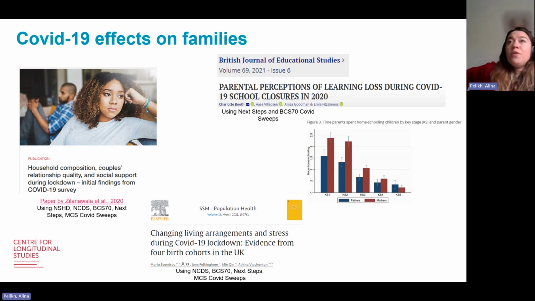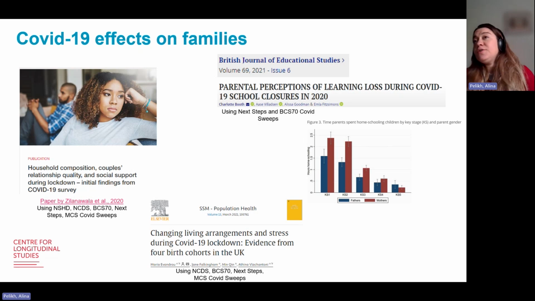And the example on the top right corner is the paper called Parental Perceptions of Learning Loss During COVID-19 School Closure in 2020. The graph is just an example of one of the many parameters of time use that was collected in the studies.